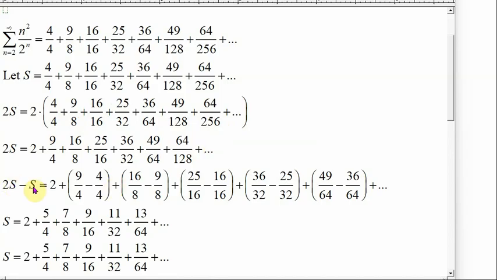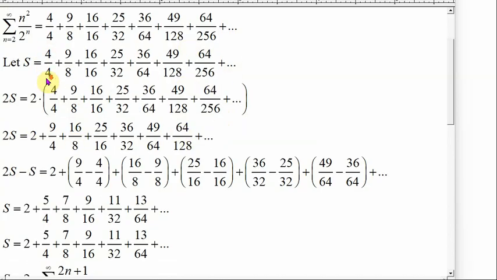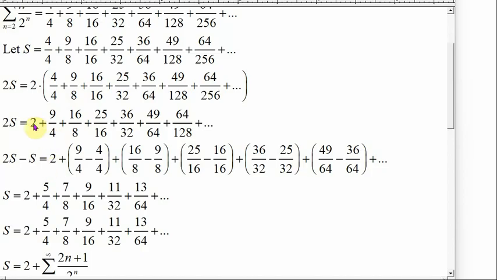2S minus S, so it would be this sum minus this sum. So we get 2, and then 9/4 minus 4/4, 16/8 minus 9/8, 25 over 16 minus 16 over 16, and so on.